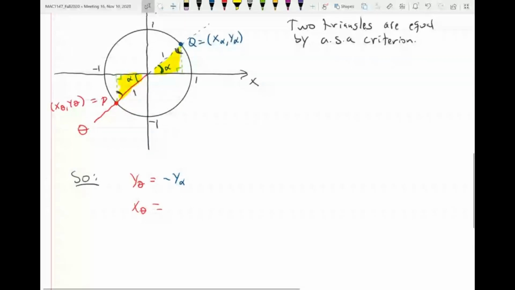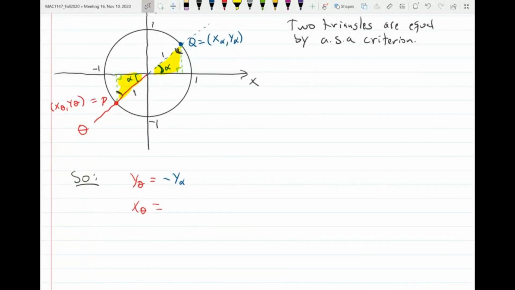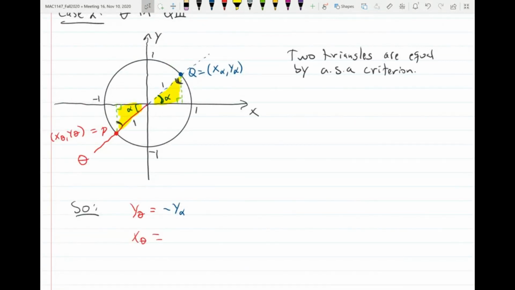Okay, so y theta is the same thing as minus y alpha. Very good. And how about x theta? What's the relationship between x theta and x alpha? Anybody? How does x theta correspond to x alpha?